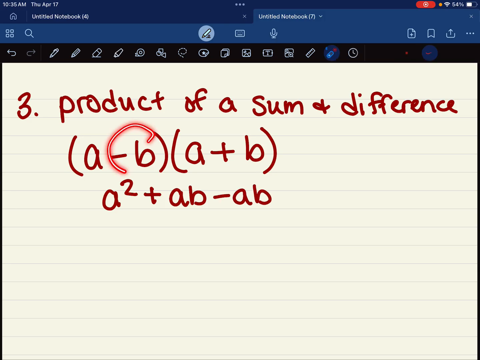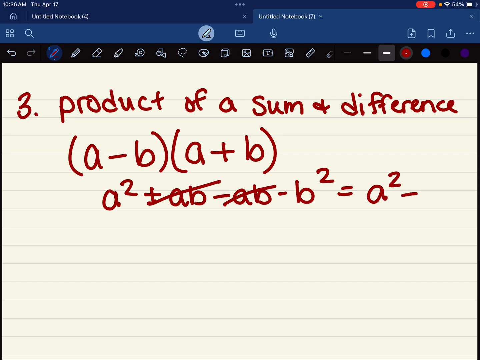And then what is negative B times positive B? Negative B squared. Okay? Now, do you see anything that I could add together? What happens to positive AB and the negative AB? They're opposites, so they cancel, and you're left with A squared minus B squared.